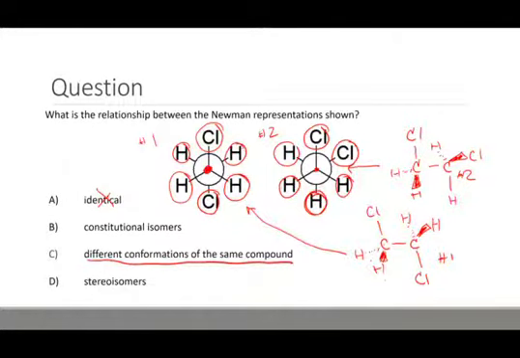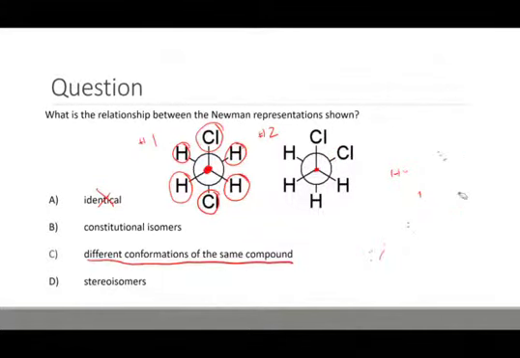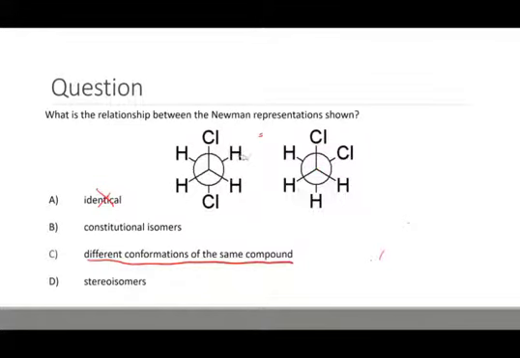Now it's probably pretty simple to view it as a rotation using the Newman projection, because if you looked at this in the beginning, you probably noticed that all of the lines to hydrogens and chlorines were the same, except that this chlorine was rotated from the back in a counterclockwise way.